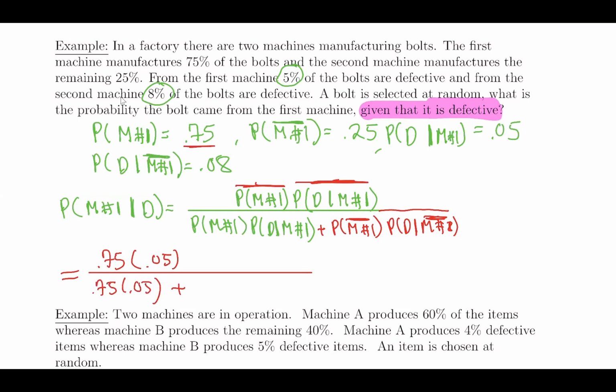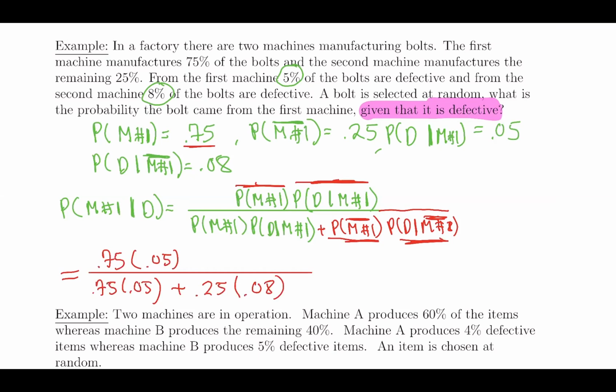You're going to add the probability it's not from machine number one, so that's, oh sorry, that should be 0.25. And we multiply that by the probability defective given it's not from machine number one, so that's going to be 0.08.